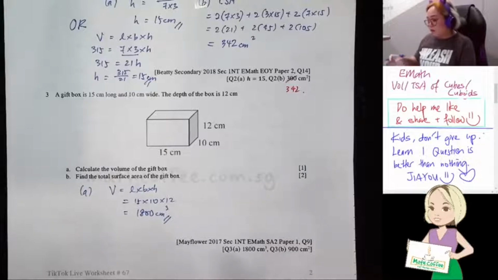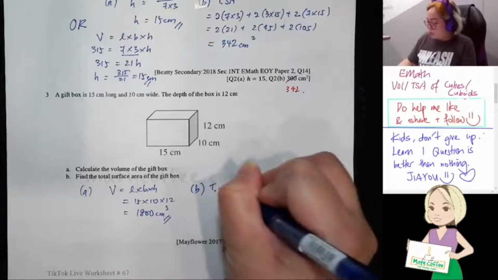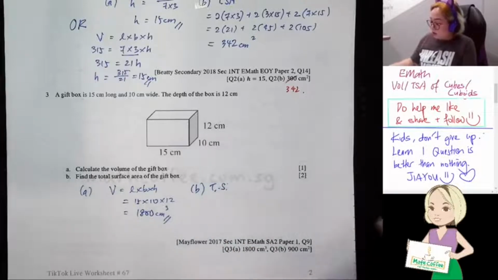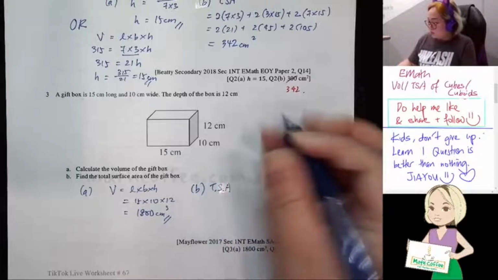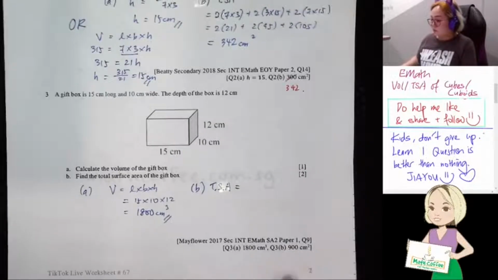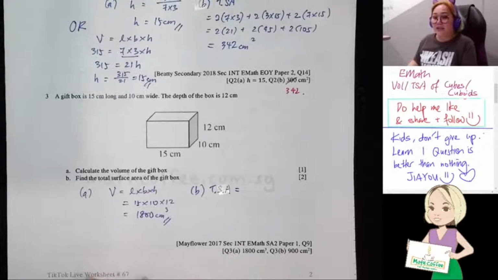Next, find the total surface area. By now you should know how to find total surface area. Because this is a normal cuboid, I am not using the prism formula to find its total surface area.